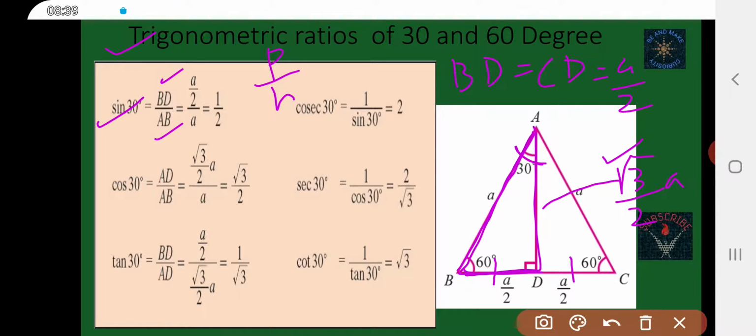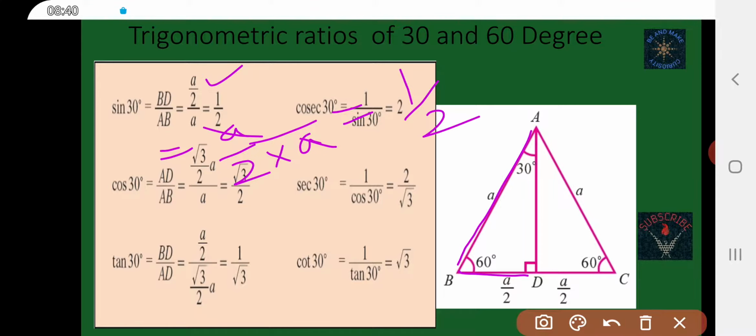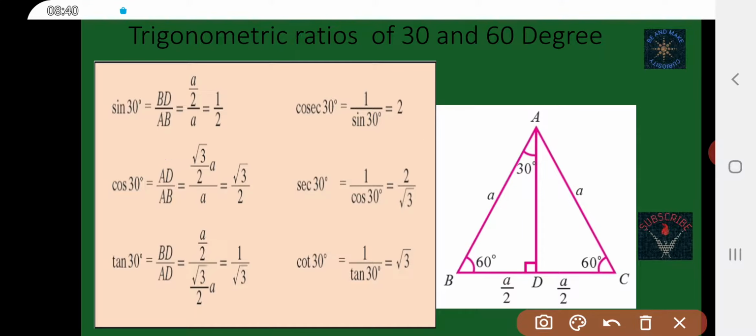BD is equal to A by 2 and AB is A. So you divide, then you get A by 2 into A, and A cancels, then you get 1 by 2. So sin 30 degree is equal to 1 by 2.